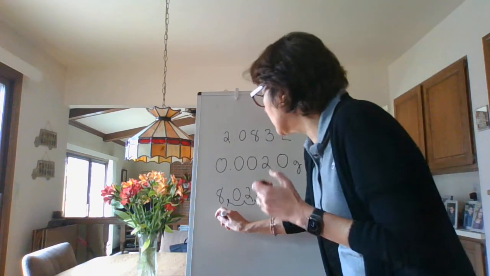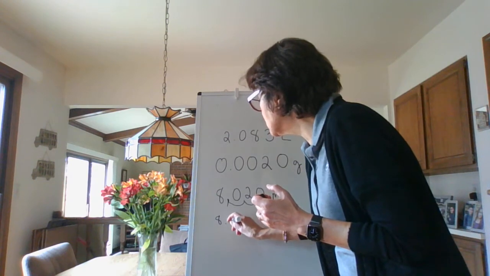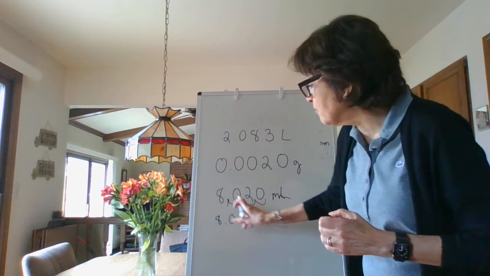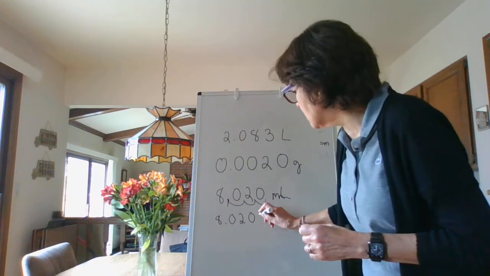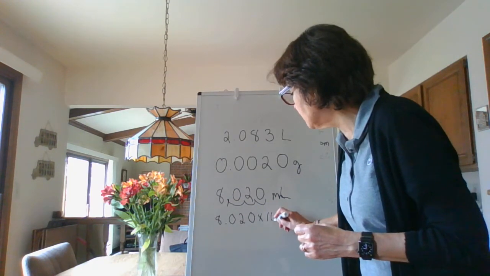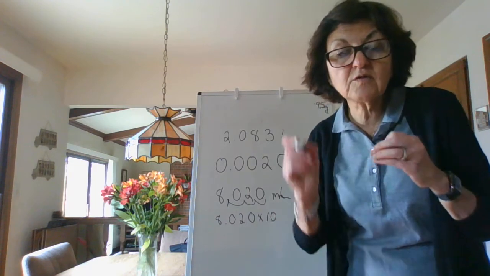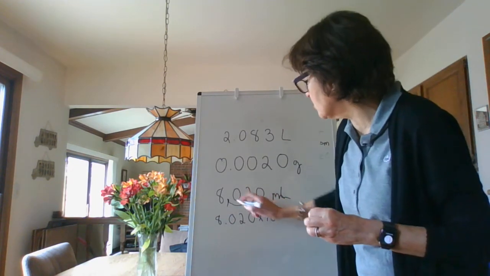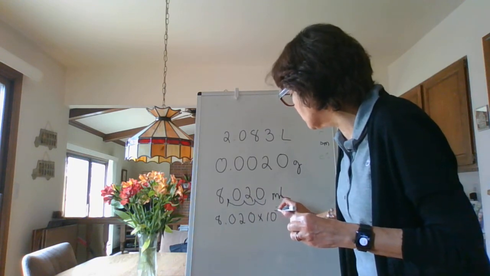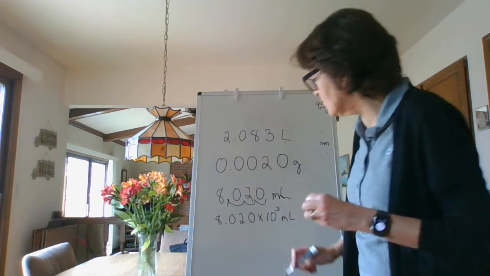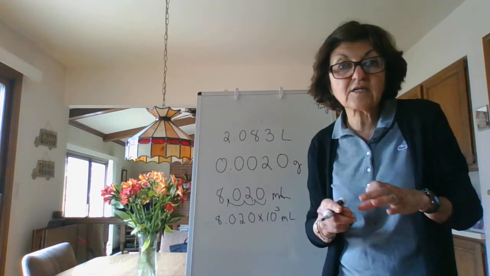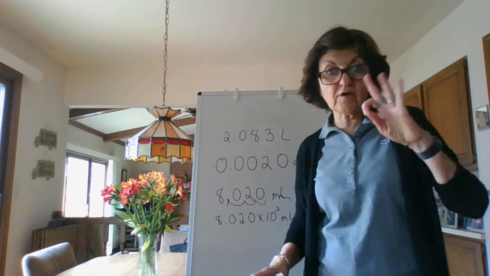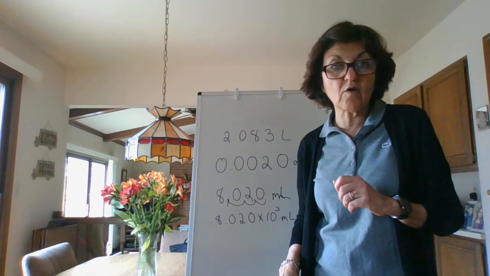So it would be 8.020. But because we moved the decimal 3 places, we need times 10. And the exponent we use is how many places you moved that decimal. So you moved it 1, 2, 3, so it's times 10 to the third milliliters. Now, how many sig figs do we have in this number? 1, 2, 3, 4. You got the 4 sig figs that you wanted.